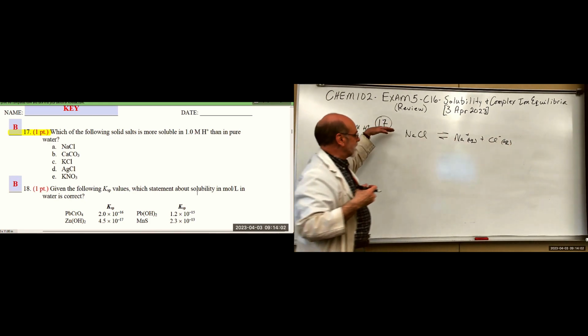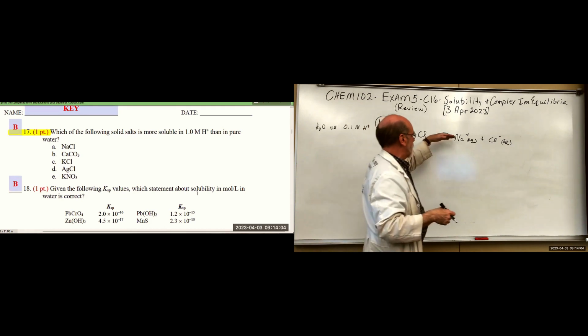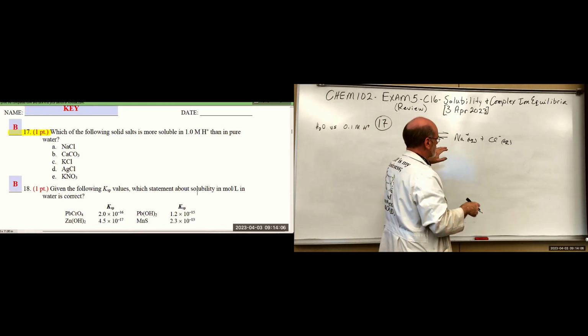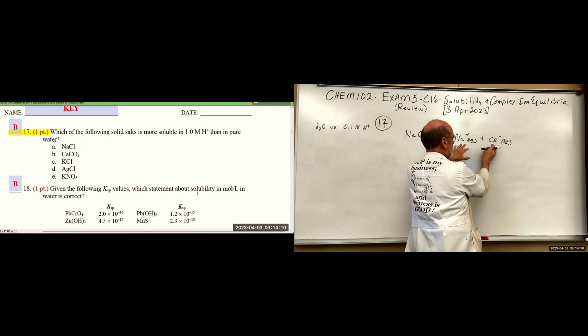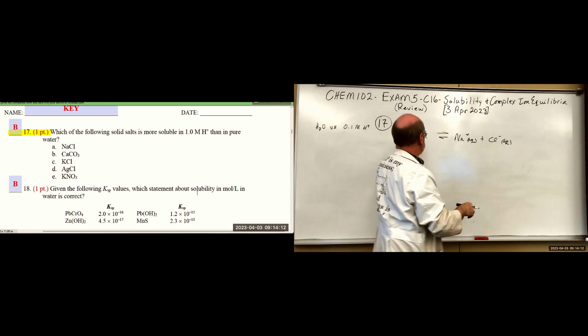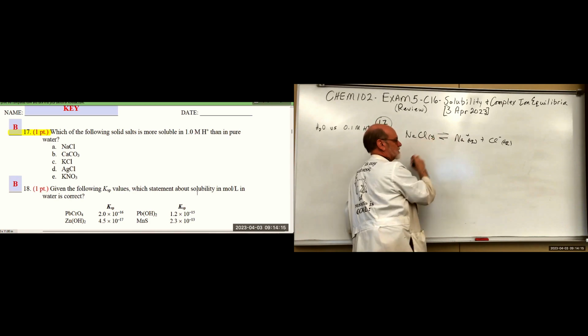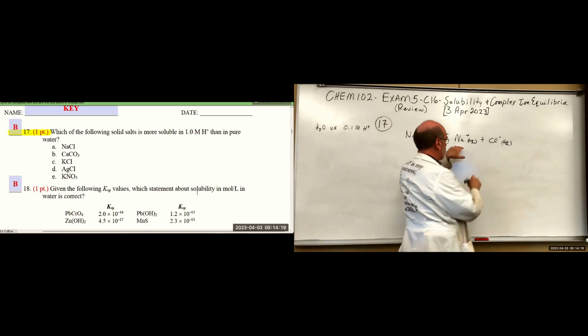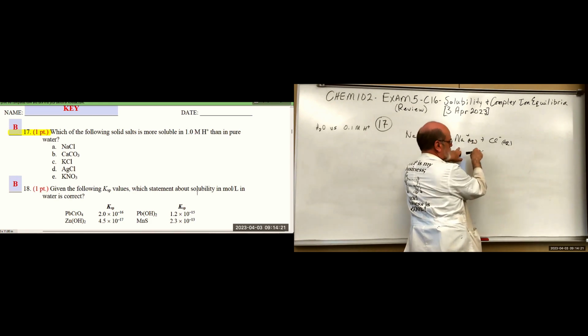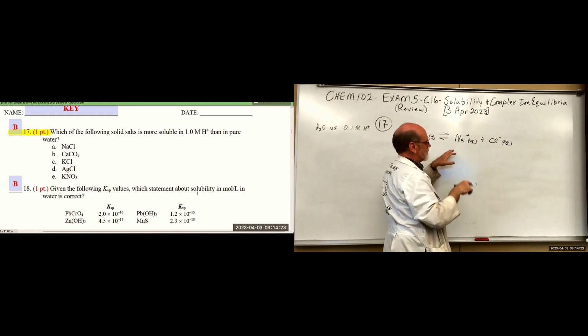And for any solubility problem like this, you look at what effect does this have on these items over here. It doesn't have any effect on the solid, right? It only has surface area there. But here, everything's in solution. So what effect does hydrogen ion have?